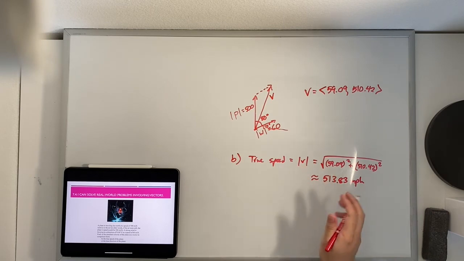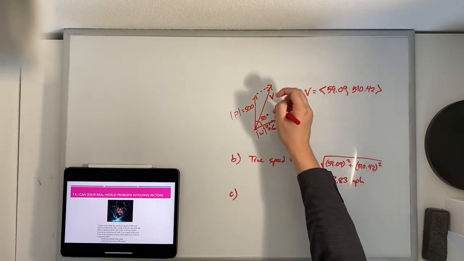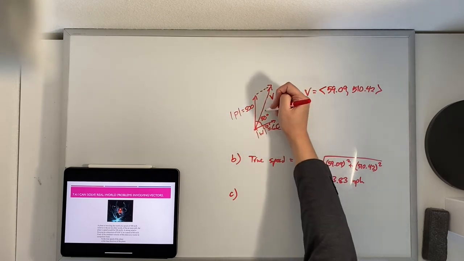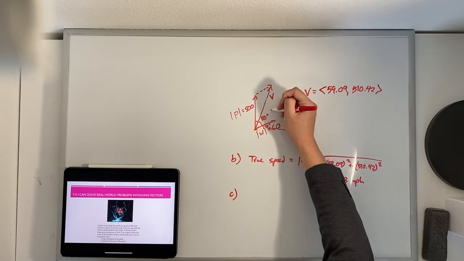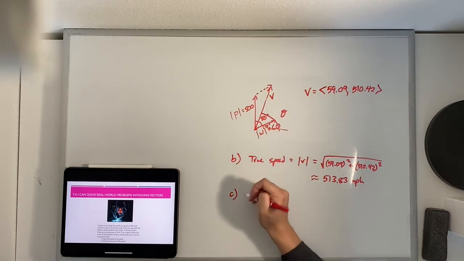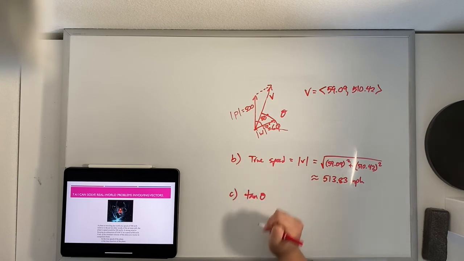Okay, so pretty straightforward. The true direction of the plane, so we just found the true magnitude of this vector. Now we want its direction, so we're looking for theta, this theta right here. We're using our trusty tangent function.